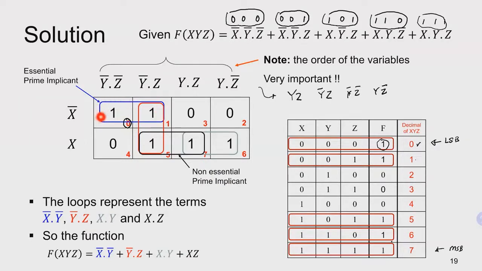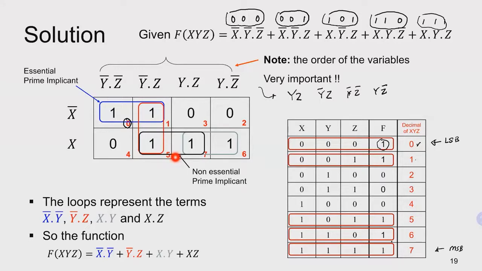So this loop has to be there. Okay, so it's essential. Here is also essential. But if you look at the red and the black loop, you can have either the red one or the black one. We have all the ones being looped.